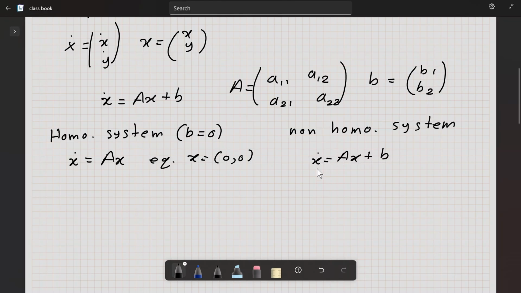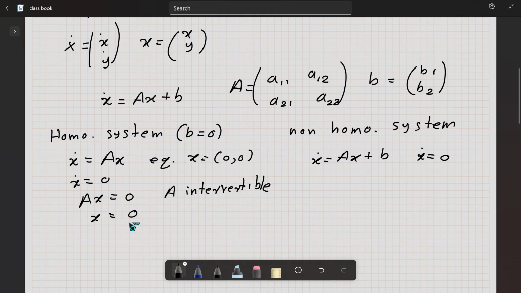To find the equilibrium point we put x dot equal to 0. In the homogeneous case we also put x dot equal to 0. Then Ax equals 0, and if A is an invertible matrix, the solution is x equal to 0. These are vectors.